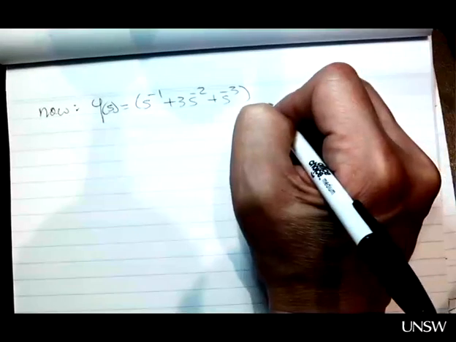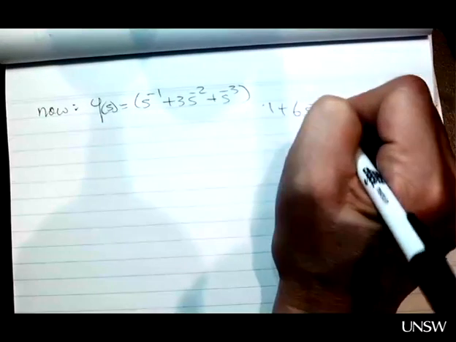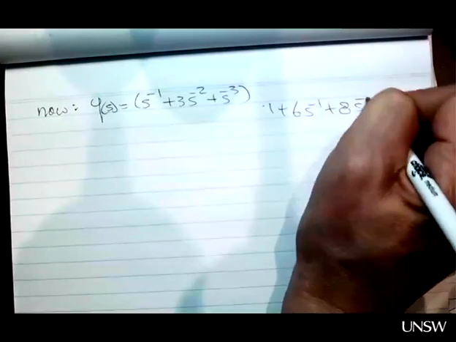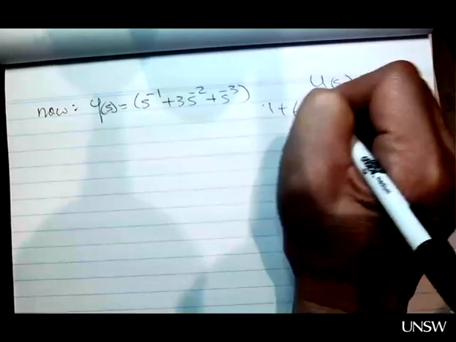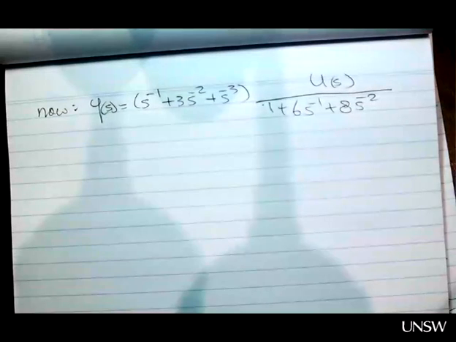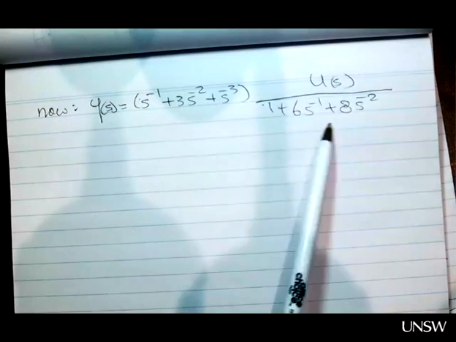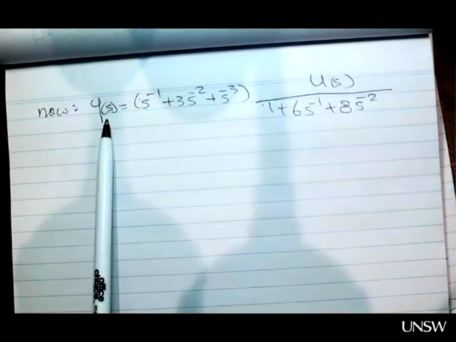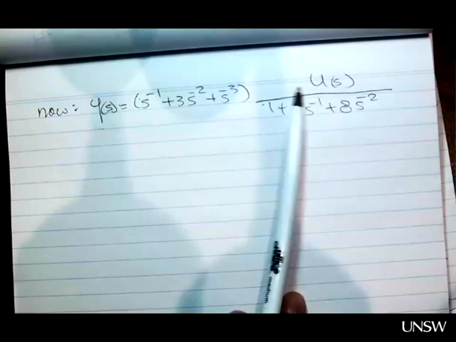And then we have our 1 + 6s^-1 + 8s^-2. We just rewrite the transfer equation, right? Put the denominator on the left-hand side to the right-hand side.